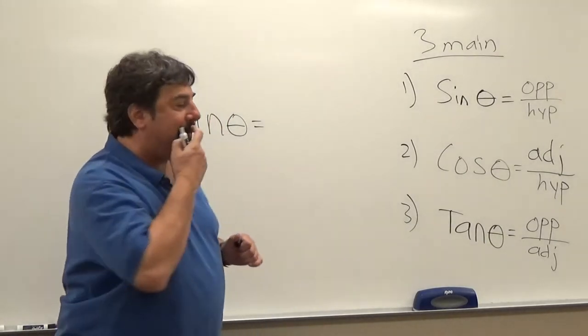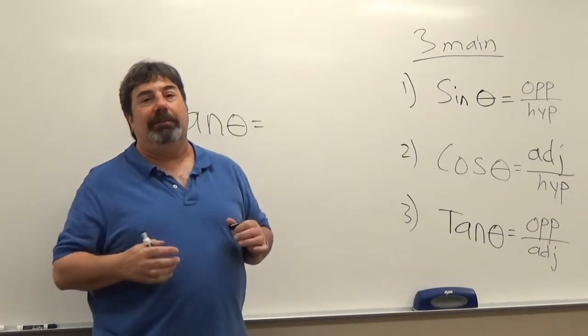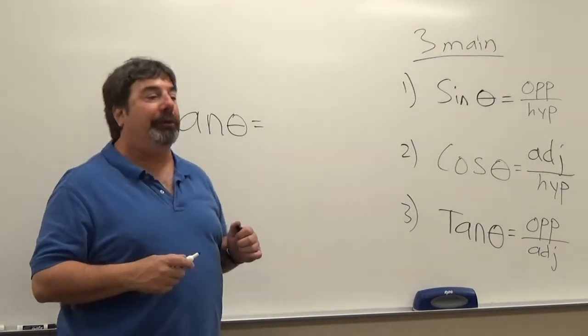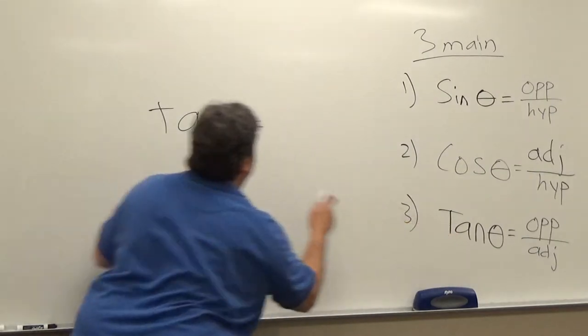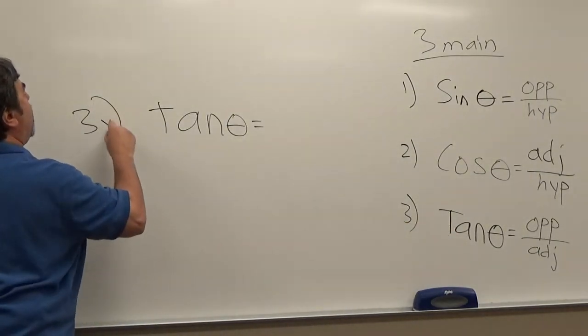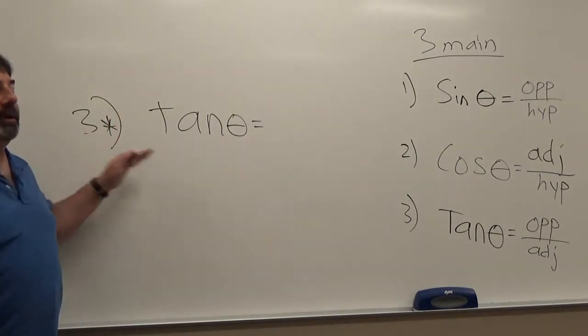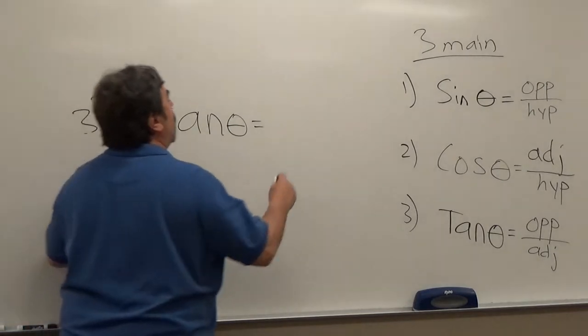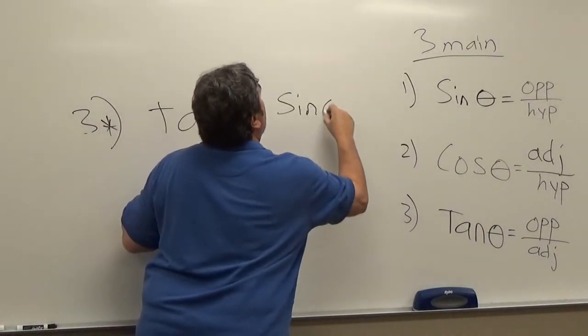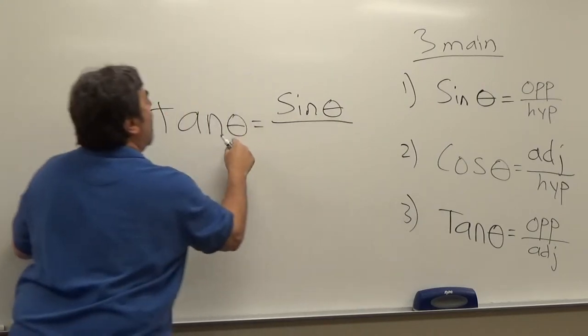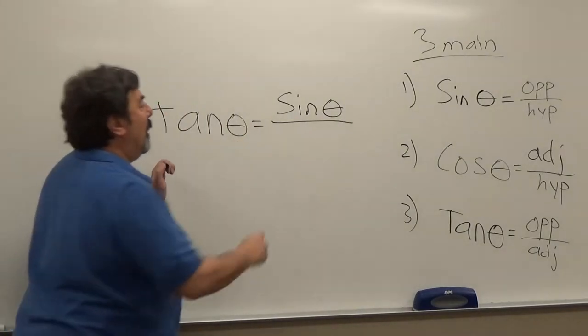Very important that you know this. So I'm gonna mark this as 3 alternate for tangent. There it is. 3 alternate definition for tangent is going to be the sine of the angle over the cosine of the angle.